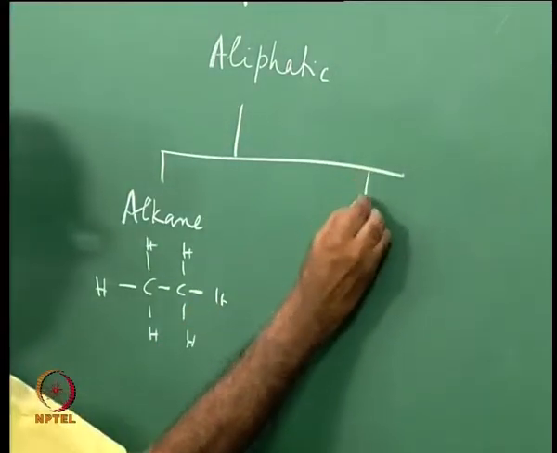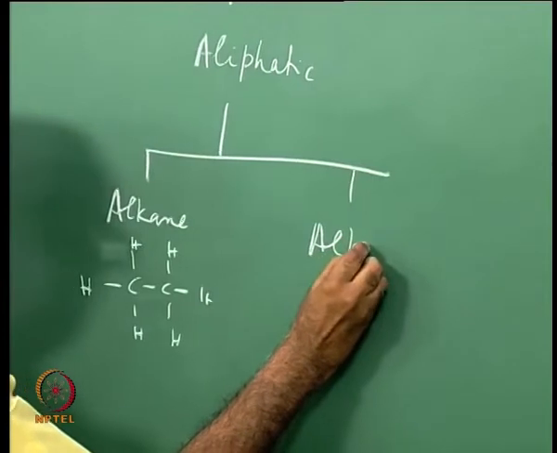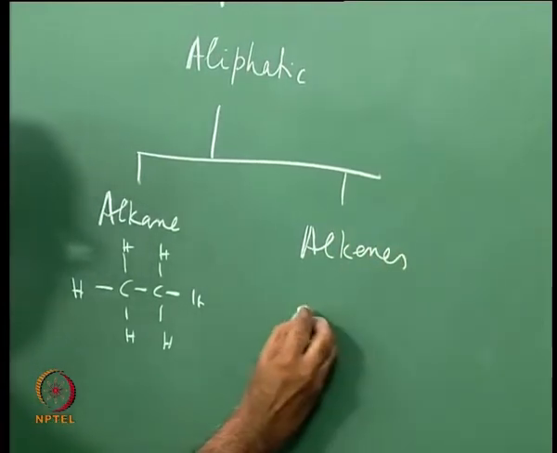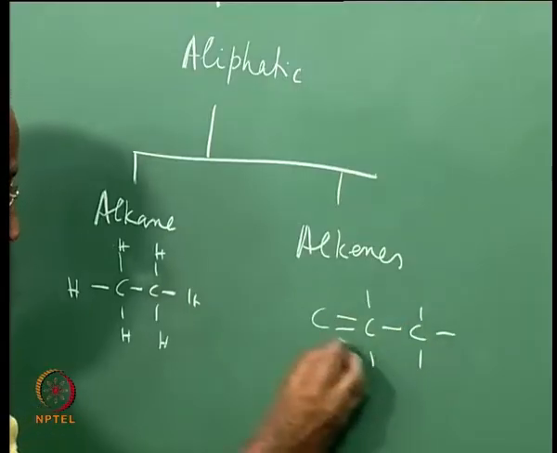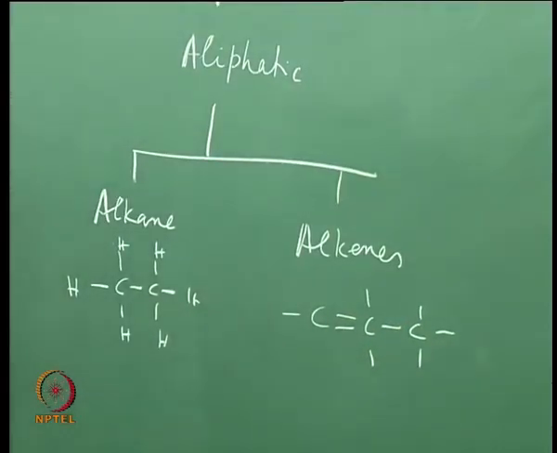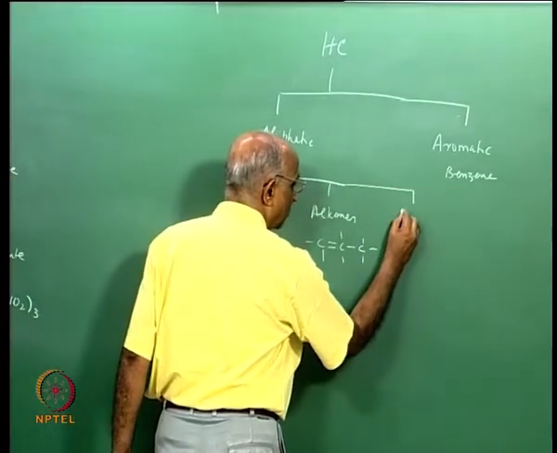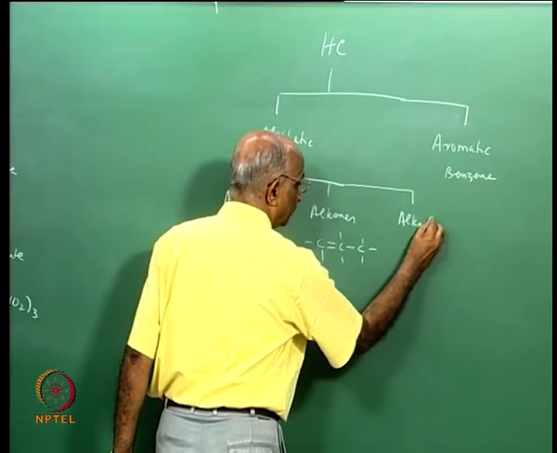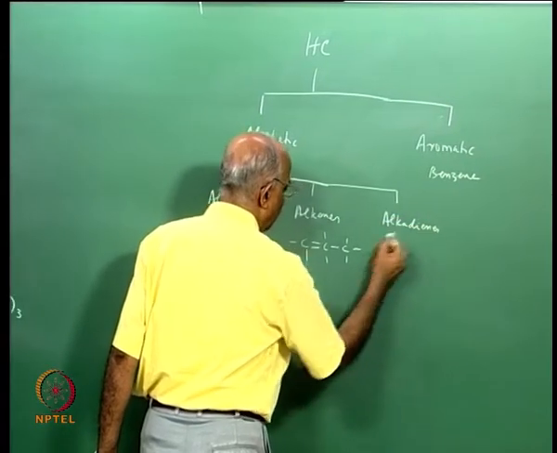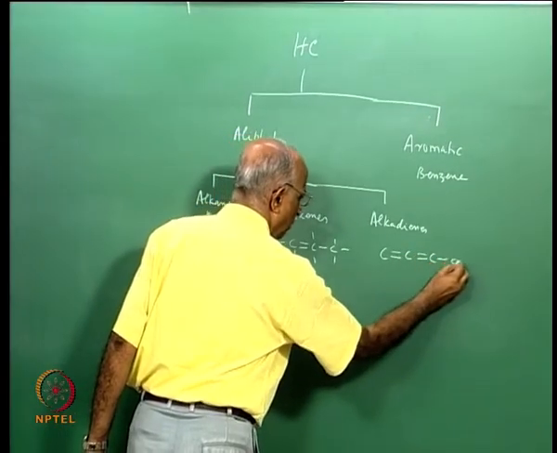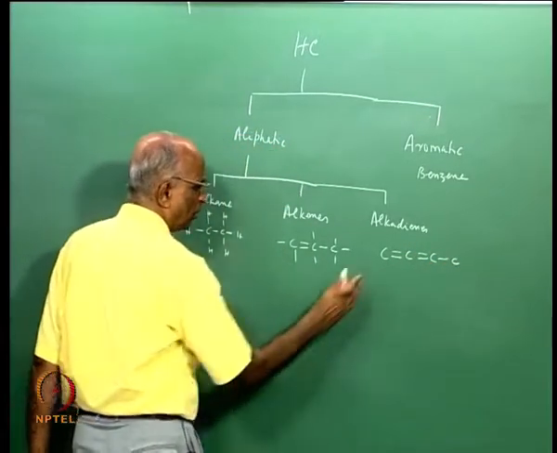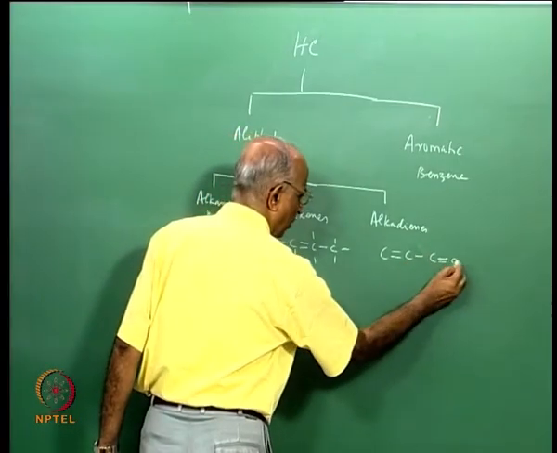The second we said is alkenes, with one double bond, or the third one could be alkynes, which have 2 double bonds.